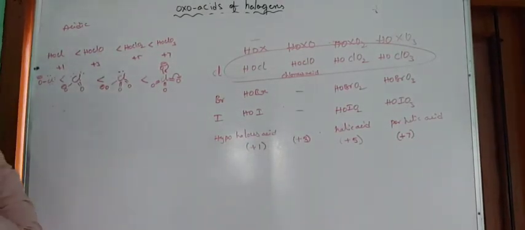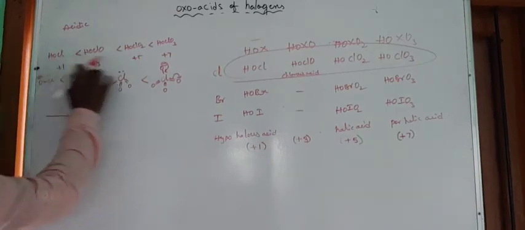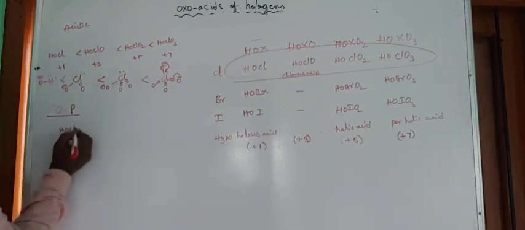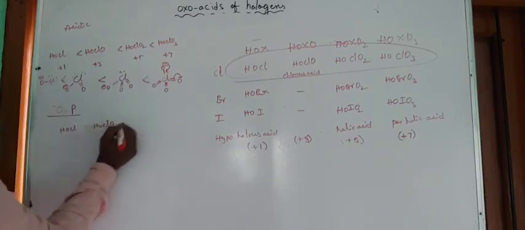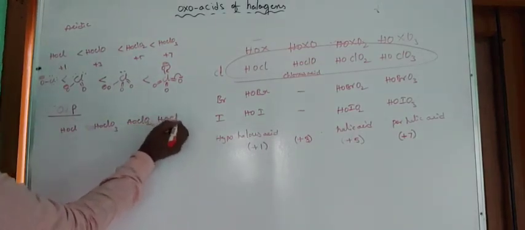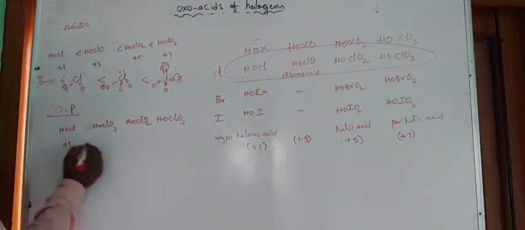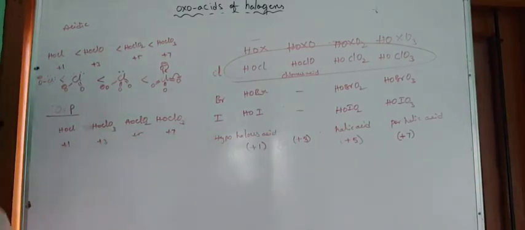And the next one, what about the oxidizing power of this series of acids? HOCl, HOClO, HOClO2 and HOClO3, with oxidation states +1, +3, +5 and +7.